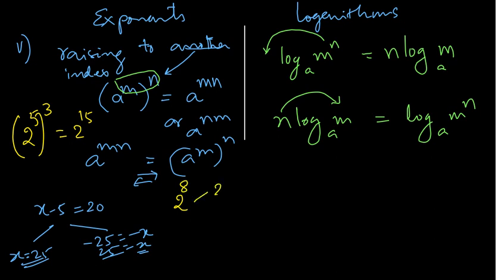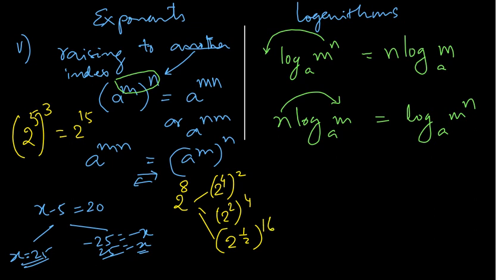I can also write this as 2 squared to the power of 4. I could also write this as 2 to the power of 1 by 2, whole to the power of 16. I can keep on writing in many forms.